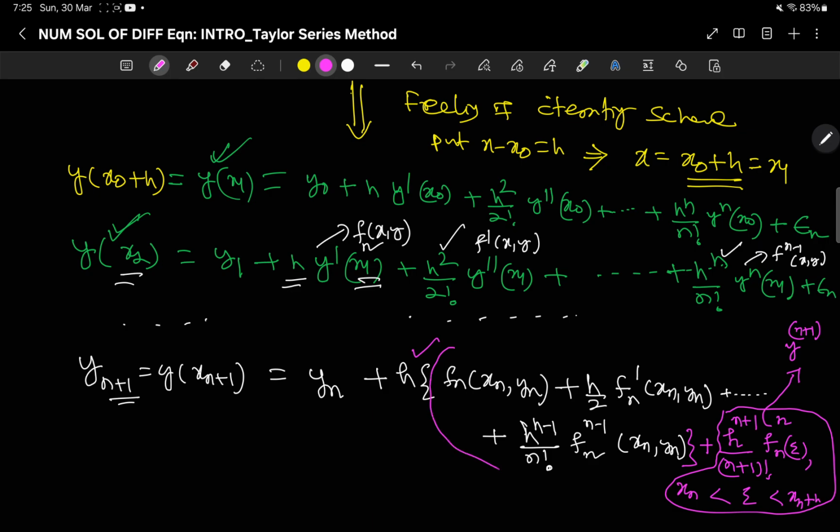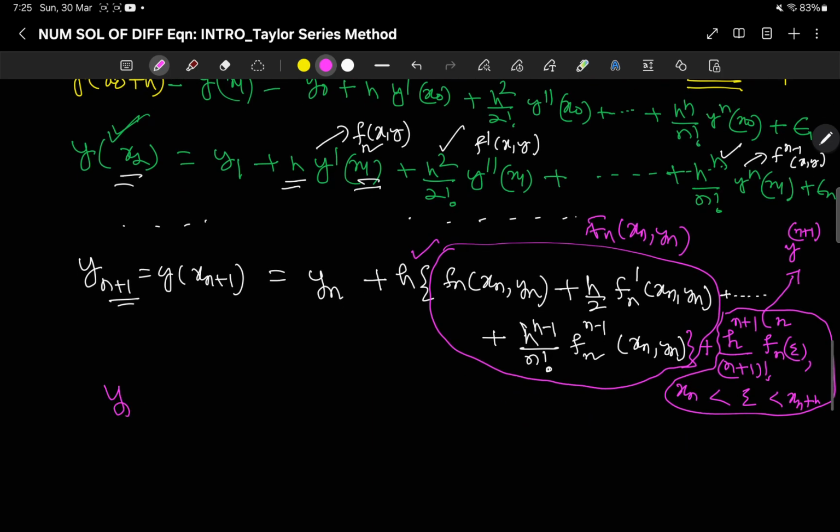Now if I denote this as my capital F(xn, yn), our formula is y_(n+1) is equal to yn plus h F(xn, yn), here n greater than or equal to 0.